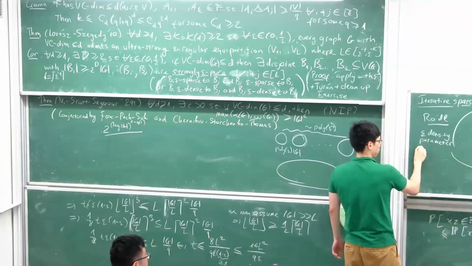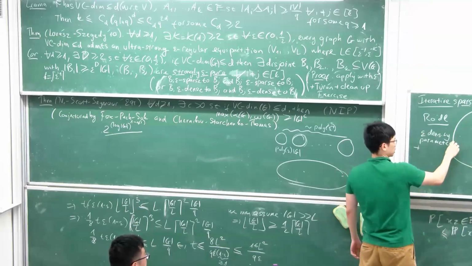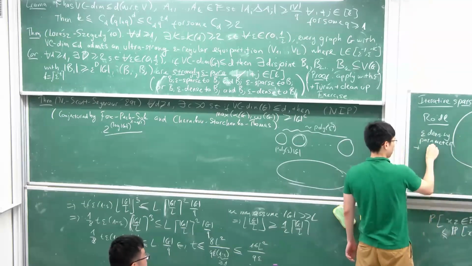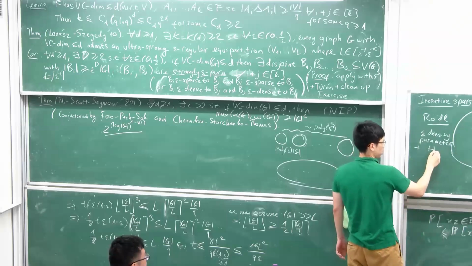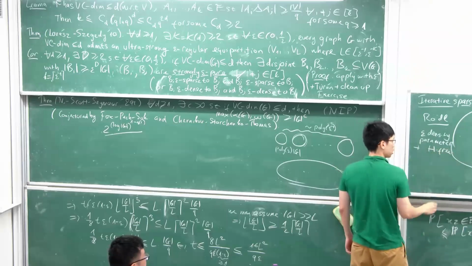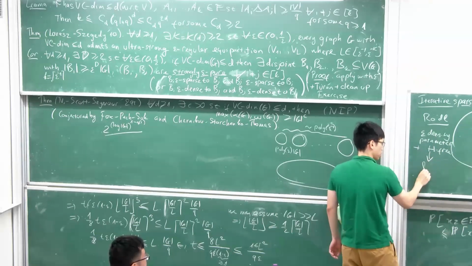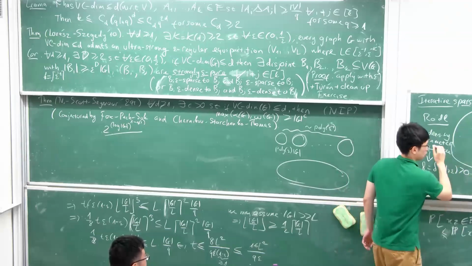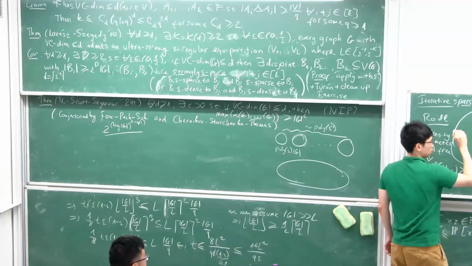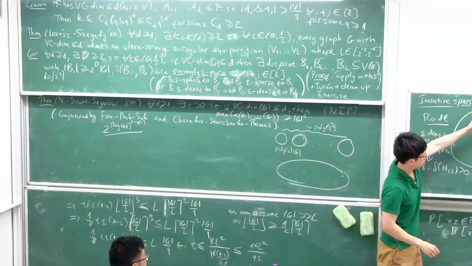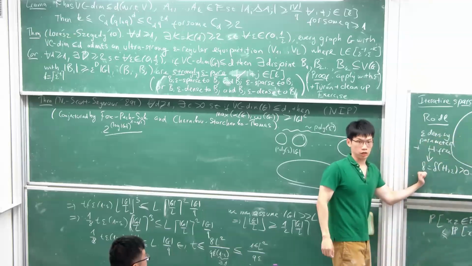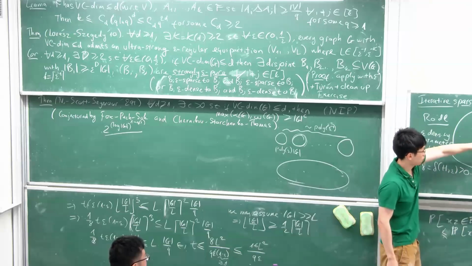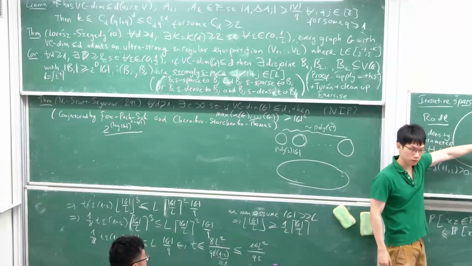The output is some delta depending on H and epsilon, such that you can shrink the host graph by a factor of delta such that the induced graph you get is going to be epsilon-sparse or epsilon-dense.